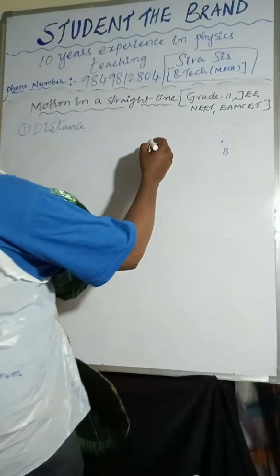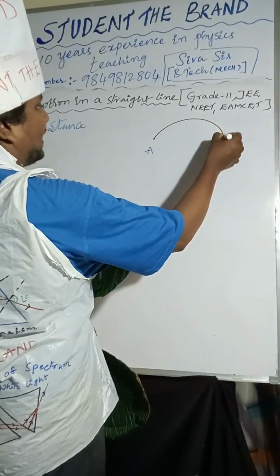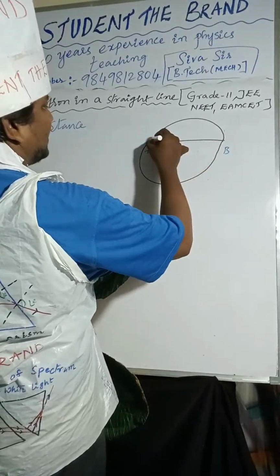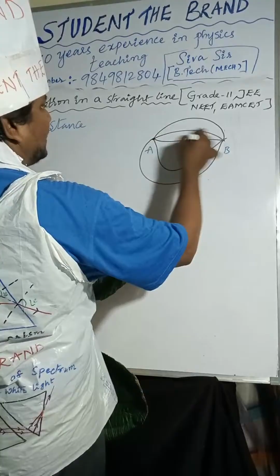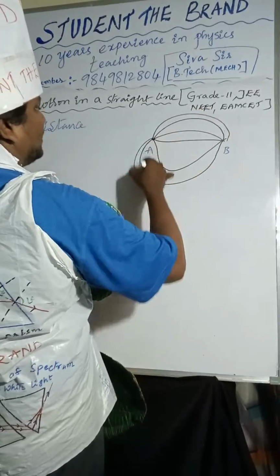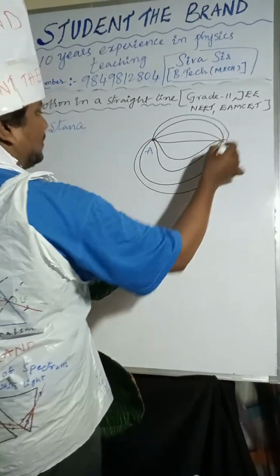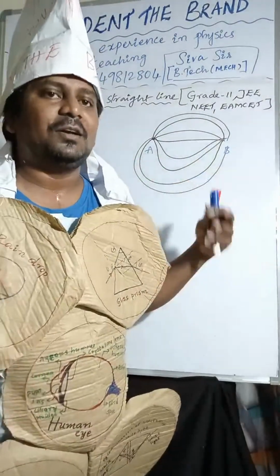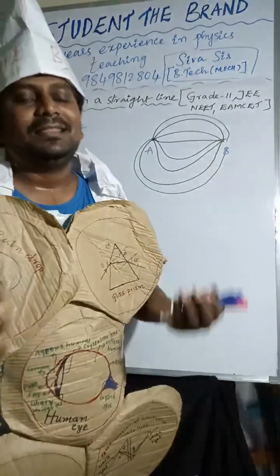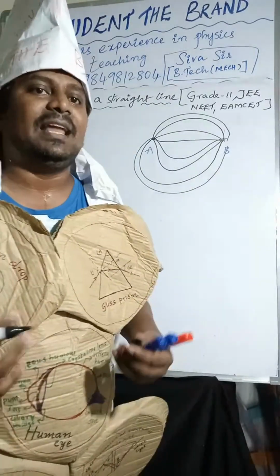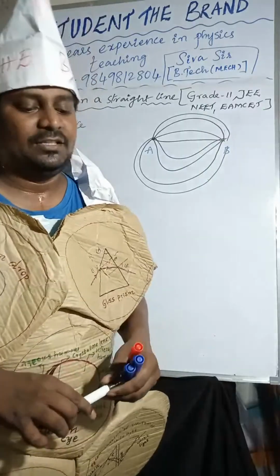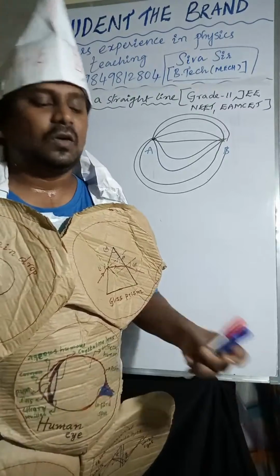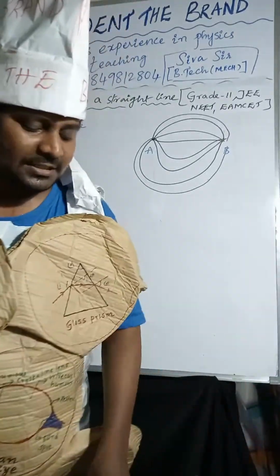I am considering here, from A to B we can go in any direction. We can go like this, we can go in this way, we can go any way, whatever path you followed. The total length of the path covered by an object is called distance.